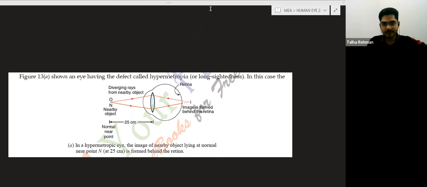Now again I am taking an example. This is the object, and suppose my eye has hypermetropia. Now this object is at the far point of my eye, and my eye's far point will be greater than 25 centimeter.